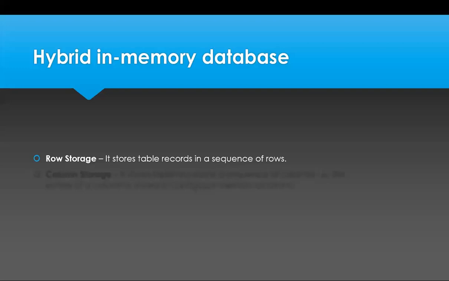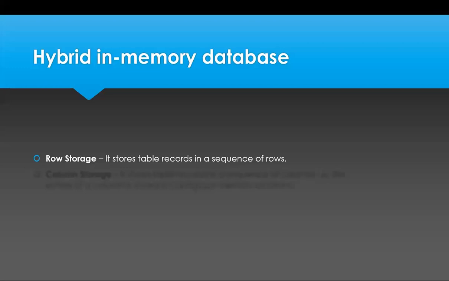You must have seen this in all the traditional databases. They support this row oriented storage, where a table is stored as a sequence of records in the memory, each of which contains the fields of one row.